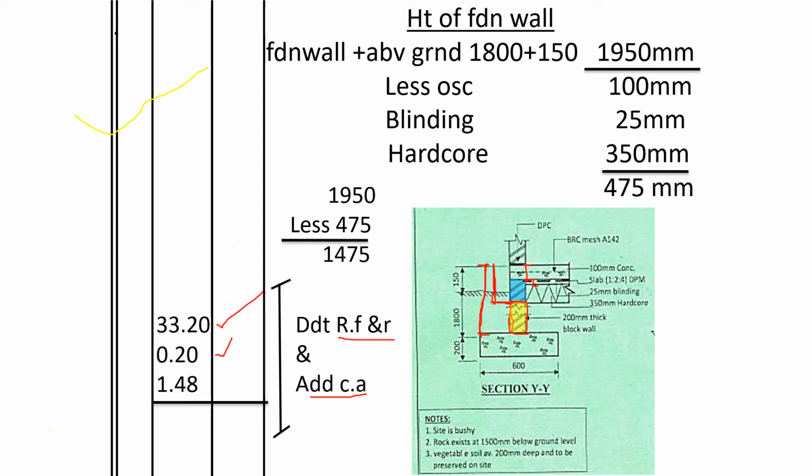Then we reduce 100 for the concrete, 25 for the blinding, and 350 for the hardcore, and we remain with 1475. So we shall take 1.48 to get the total volume of the stones that have replaced the soil, so that we can take that volume of soil, deduct from refill and ram and add to cut away.